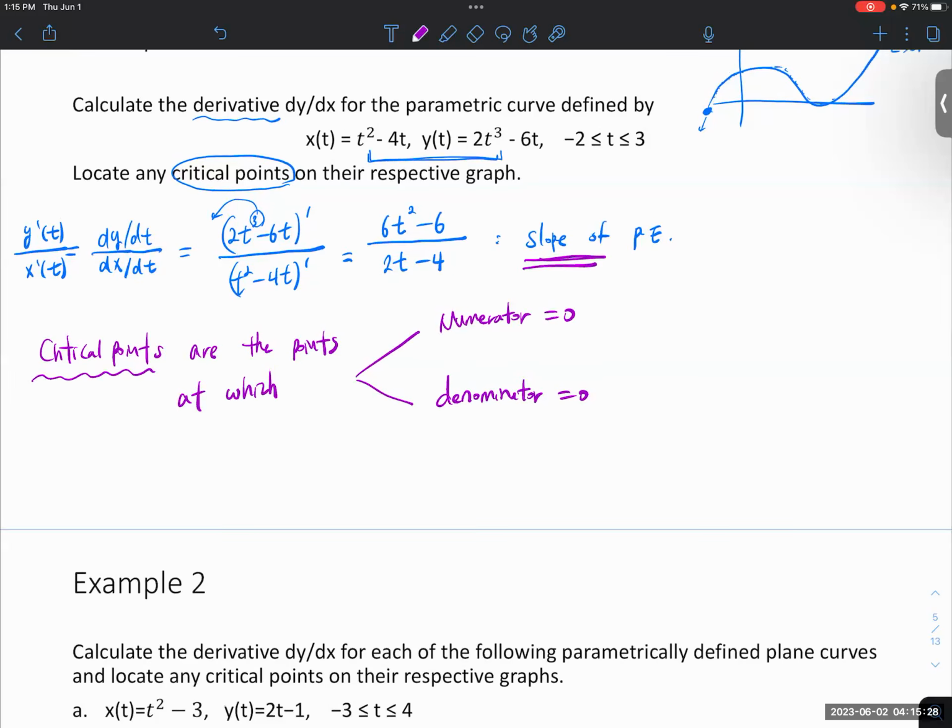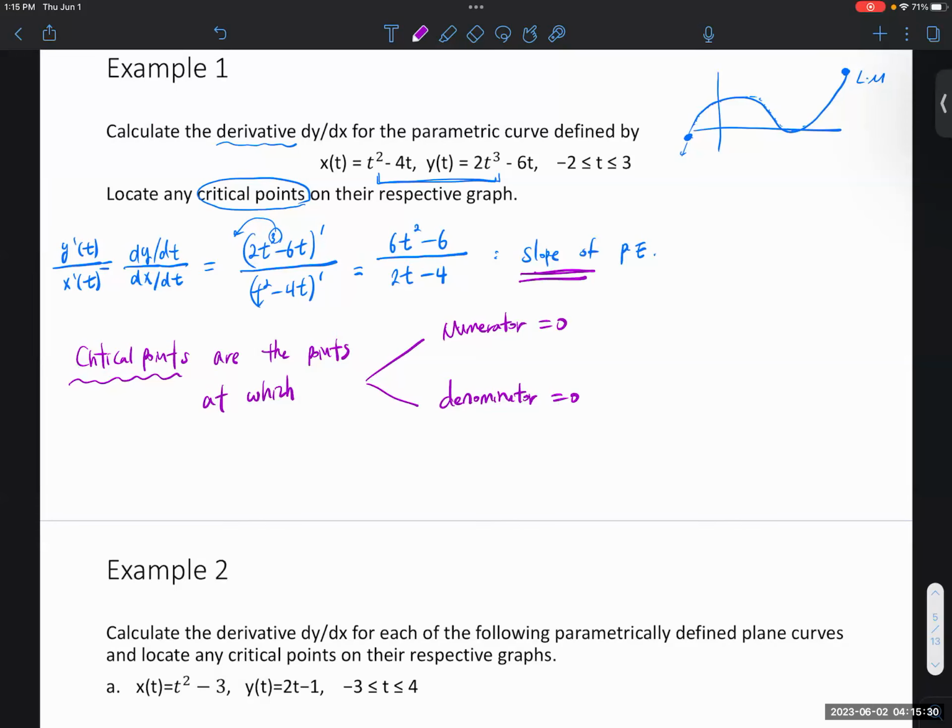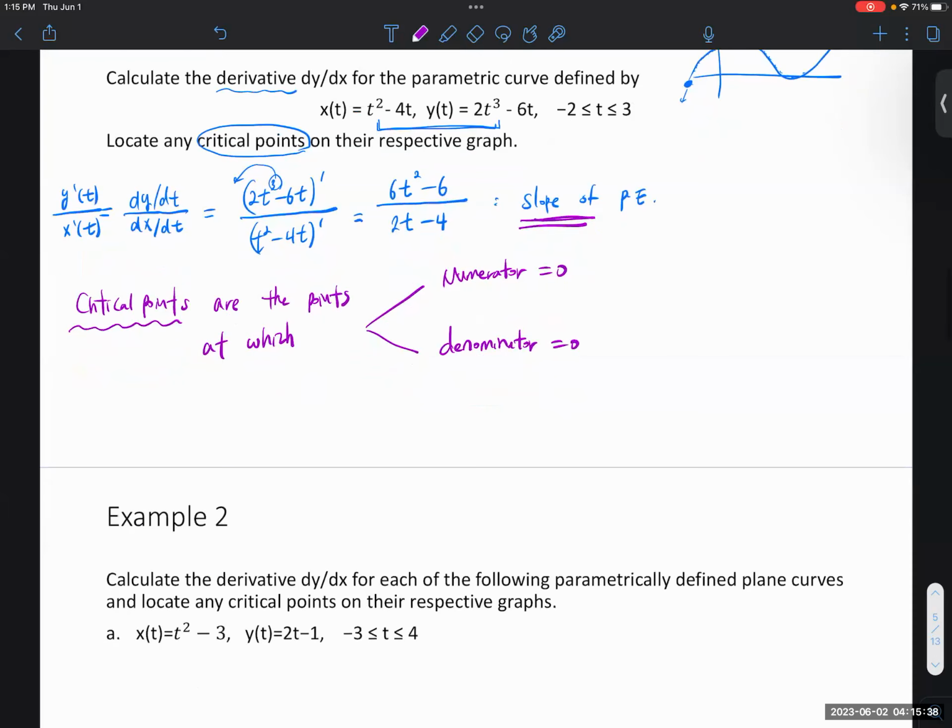The numerator we know is 6t squared minus 6, and the denominator we already got, 2t minus 4. So we're going to say 6t squared minus 6 equals 0.